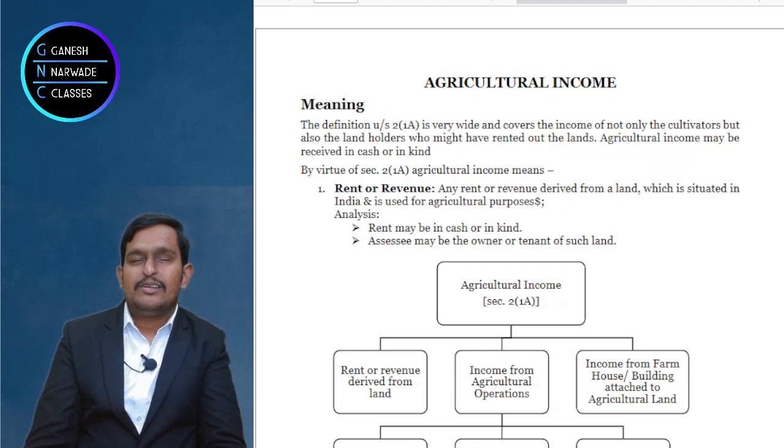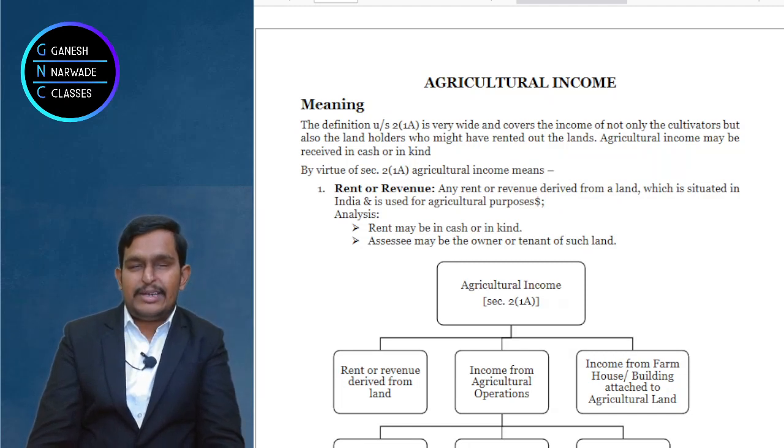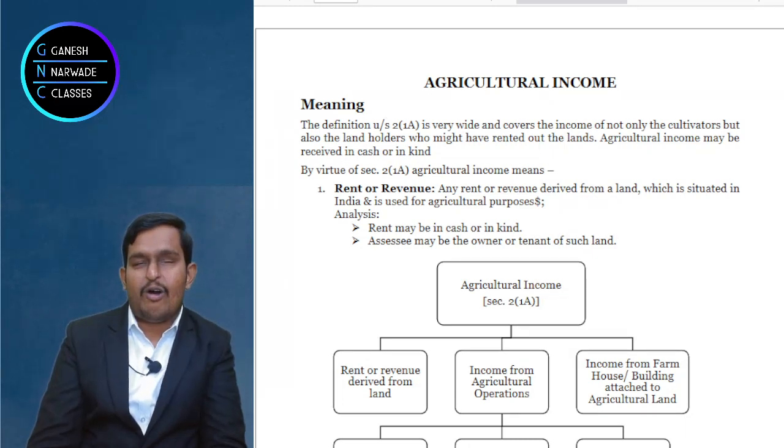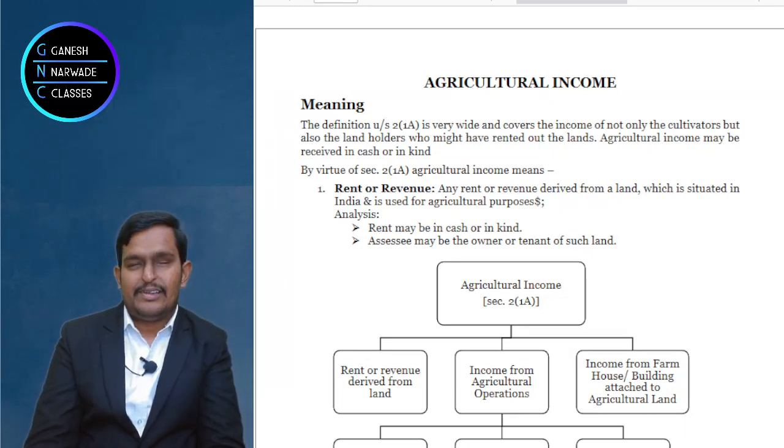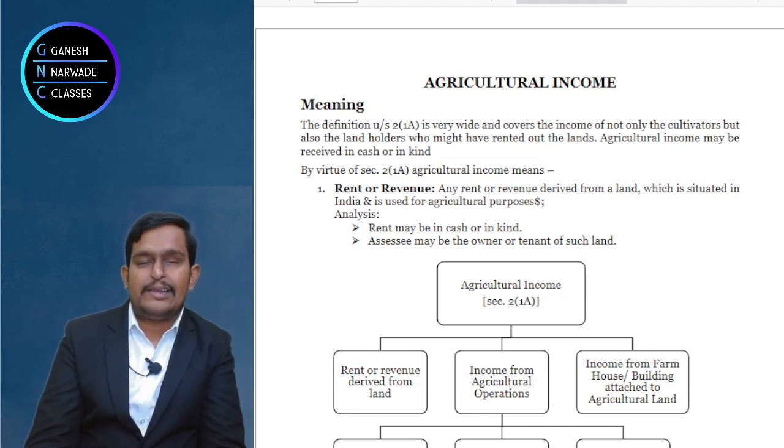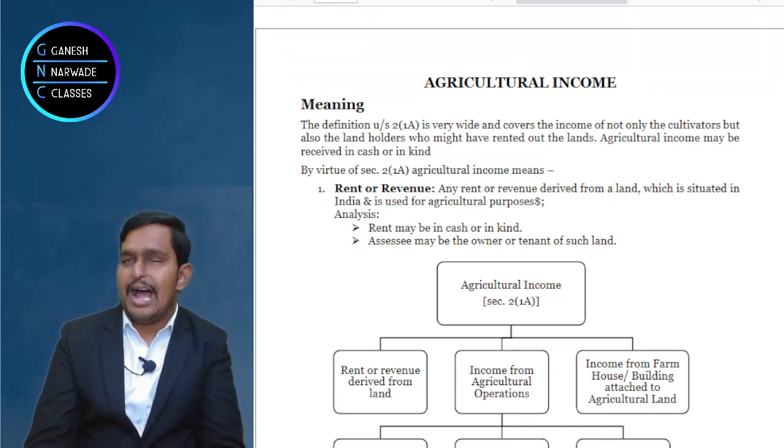But do you know that if suppose I am a teacher and I am giving my agricultural land on rent, the rent received from agricultural lands is also exempt. Suppose attached to the agricultural land, I have a building.